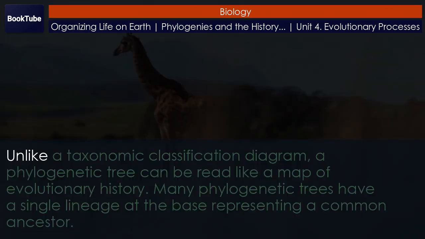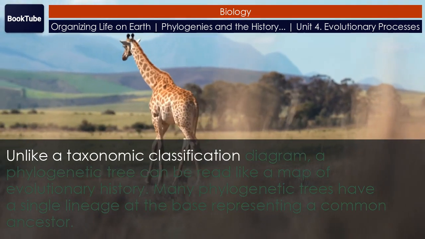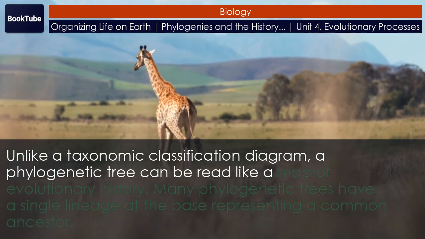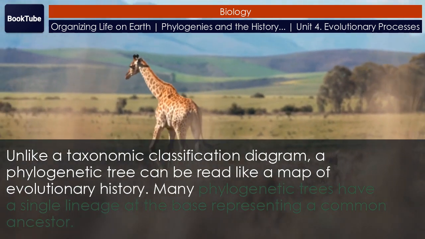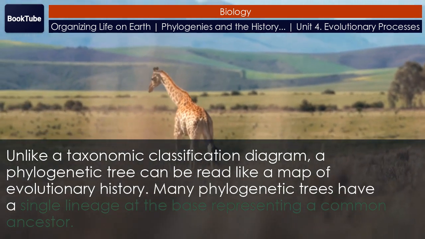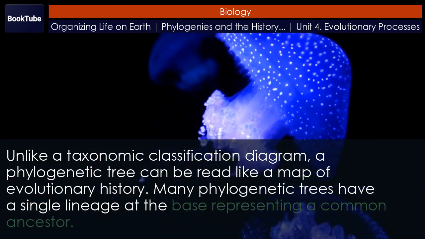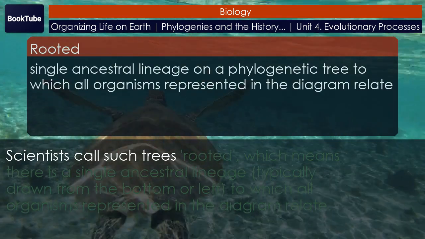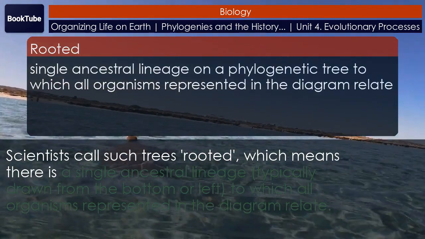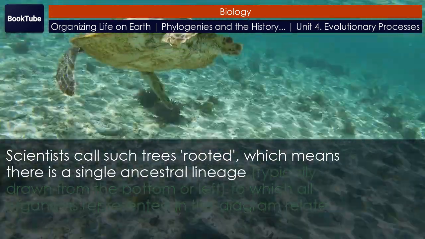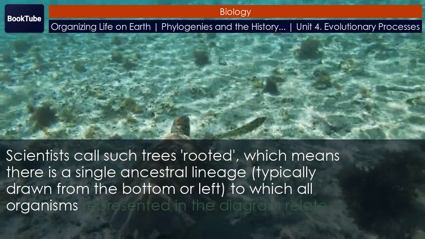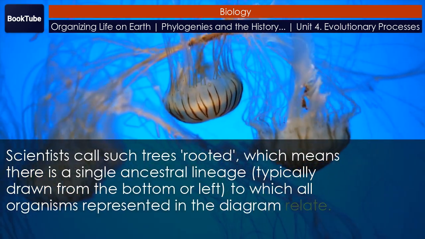Figure 1. Unlike a taxonomic classification diagram, a phylogenetic tree can be read like a map of evolutionary history. Many phylogenetic trees have a single lineage at the base representing a common ancestor. Scientists call such trees rooted, which means there is a single ancestral lineage, typically drawn from the bottom or left, to which all organisms represented in the diagram relate.